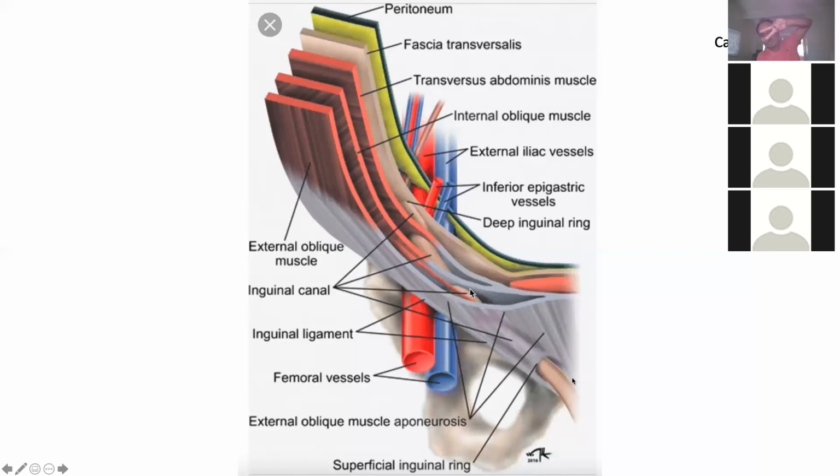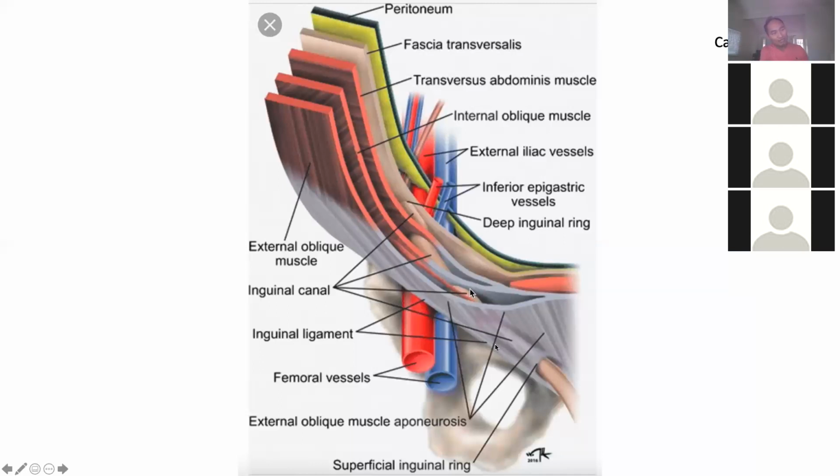By splitting into two, they create a hole, which is what we call the external ring of the inguinal canal. So now you can see the aponeurosis of the external oblique, its inferior margin rolling up to become the inguinal ligament.